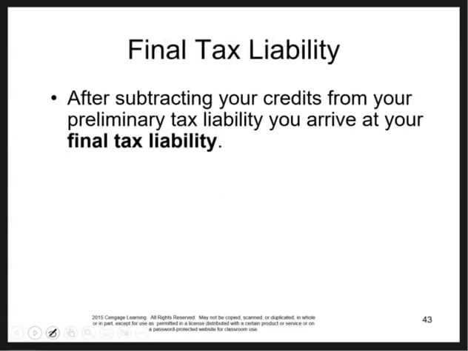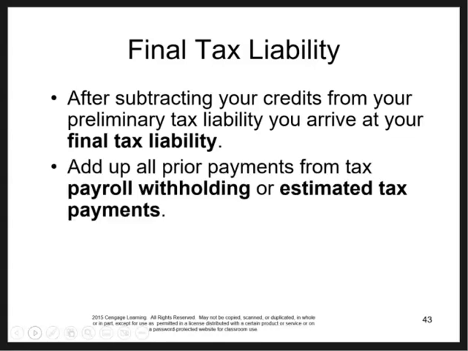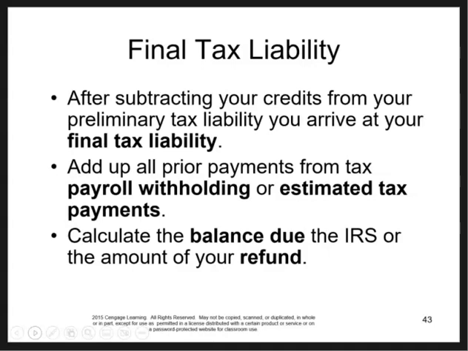So your final tax liability: after you subtract your credits from your preliminary tax liability, you arrive at your final tax liability. You add up all your prior payments from your withholding and any estimated tax payments, and calculate the balance due or the amount of the refund from the Internal Revenue Service.